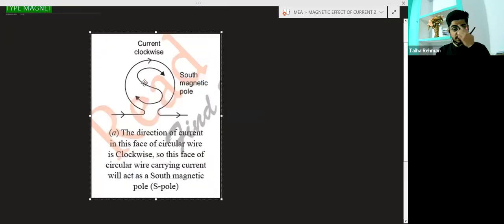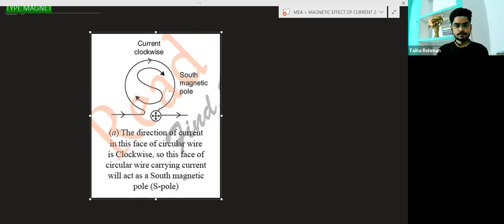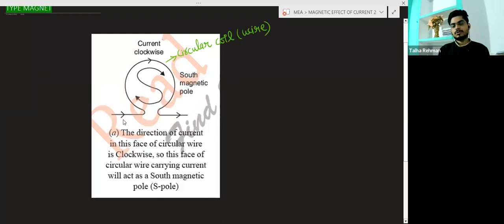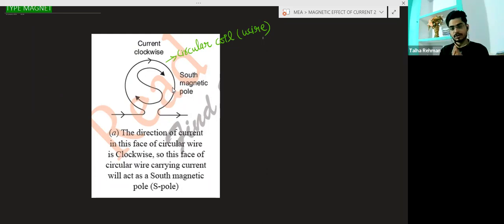Basically, this is a circular wire, a circular coil. If there is a current flowing in this wire, it will behave as a magnet, having a south and north pole.